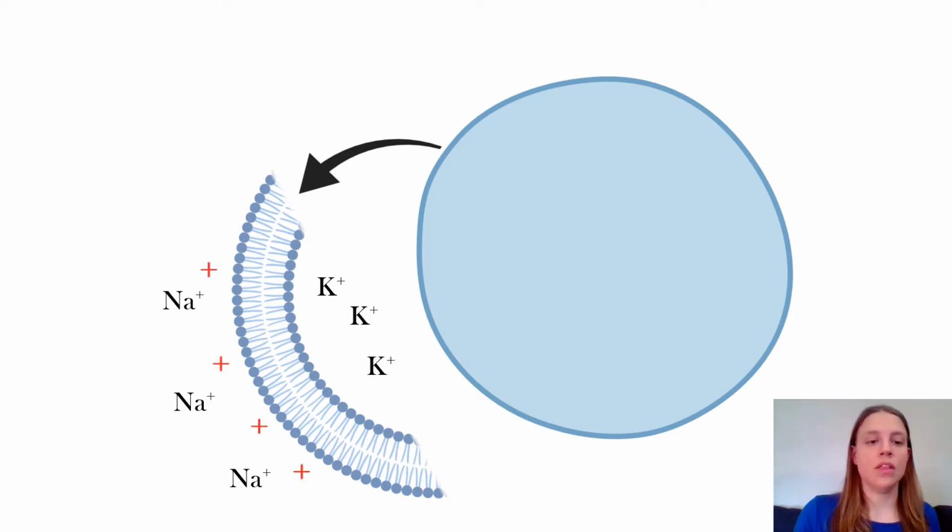Also, the outside of the cell membrane is more positively charged than the inside, which is more negatively charged, because even though potassium is positive, there are other components inside the cell membrane that are negatively charged, so the net charge of the inside of the cell membrane is negative.